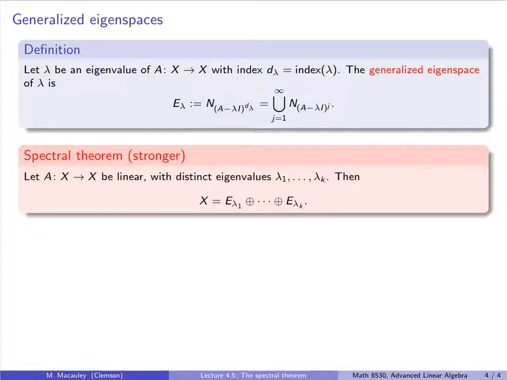Our strong version of the spectral theorem, which is pretty easily seen to be equivalent, is that if we have a linear map with distinct eigenvalues lambda 1 up to lambda k, then X is a direct sum of eigenspaces E lambda 1 up to E lambda k. So let's prove this.